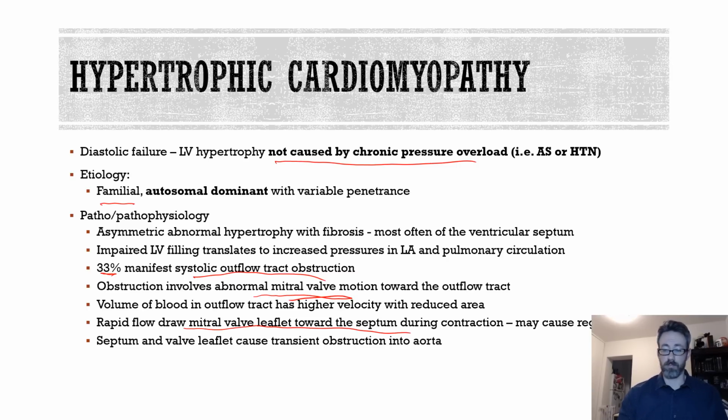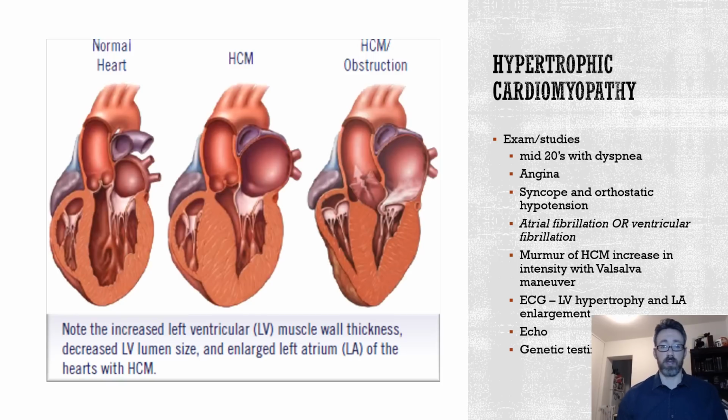And so let's show. Here is our normal heart. Here is the hypertrophic cardiomyopathy. Hypertrophic cardiomyopathy with obstruction. So basically what you're seeing in this version over here is a lot of thickness of the ventricular wall, maybe even portions of the lateral wall, all very, very thick, but it's not a coordinated, well-maintained thickening.